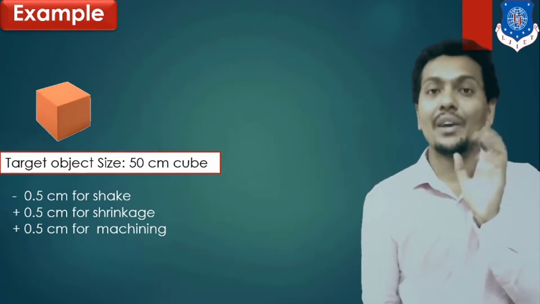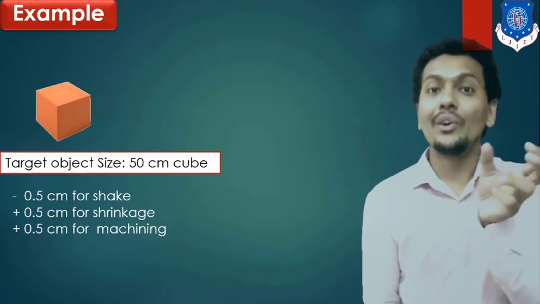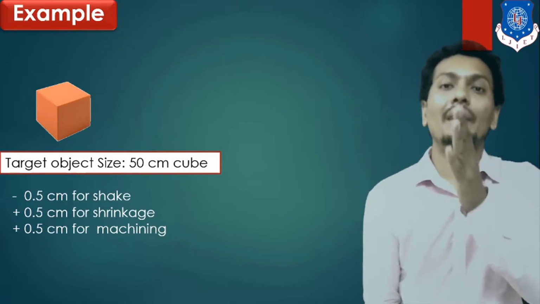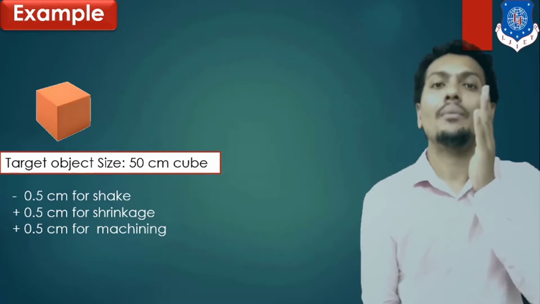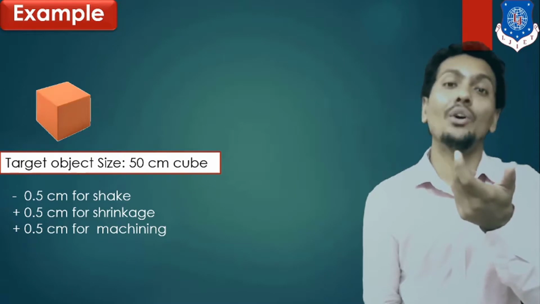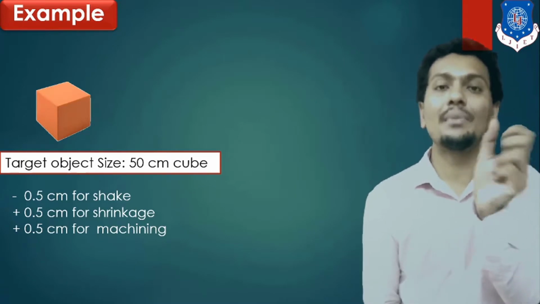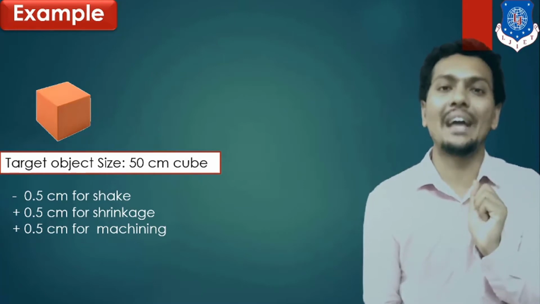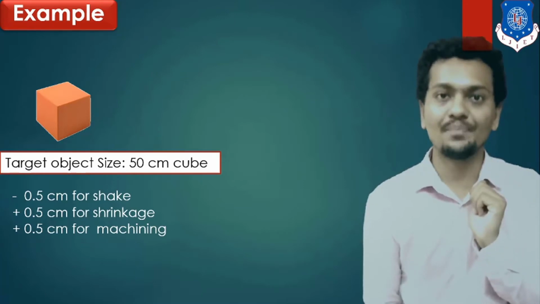It means if you target 50, but during shaking your cavity will enlarge. So you have to consider this allowance as a negative one because you have to subtract a few centimeters from your target dimension, so it is a negative allowance.